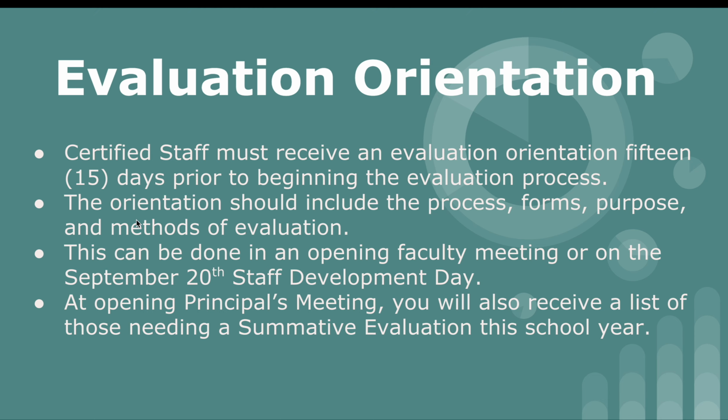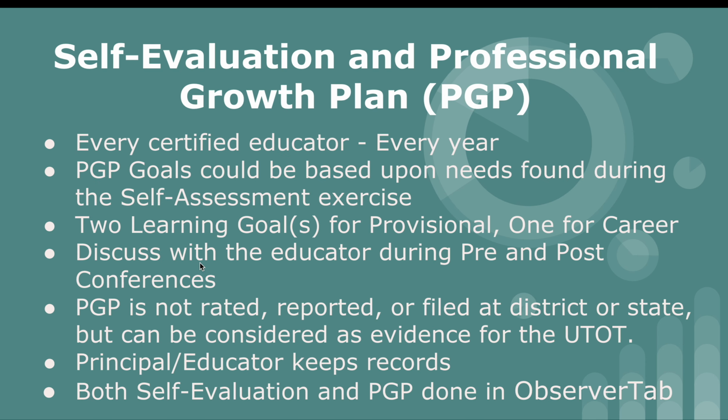Okay, the orientation, we're going to include the process, the forms, the purpose, and methods of the evaluation. We were going to do it earlier, but then letters came up, so we didn't do it. So every certified educator every year creates a PGP and does a self-evaluation. All right? So your PGP goals could be based upon needs found during the self-assessment exercise.